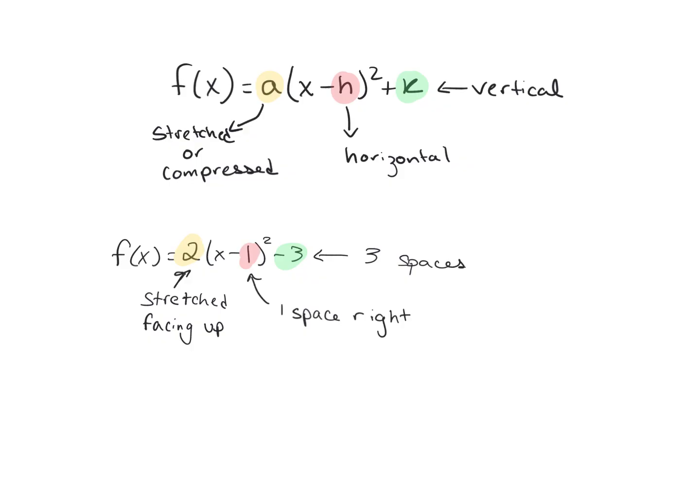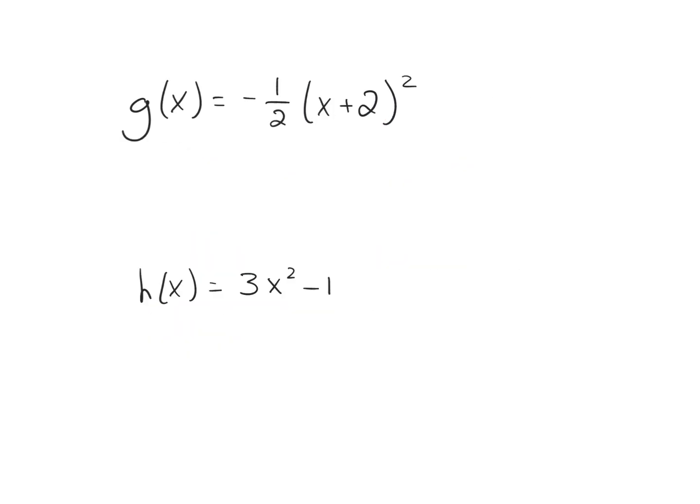So if I think about what that actually looks like on the coordinate plane, I've taken my vertex from 0, 0, and I've moved 1 space to the right and 3 spaces down. So this is the vertex of this particular function. Let's take a look at another one together. So for this one here, we have g of x is equal to -1/2 (x plus 2) squared.